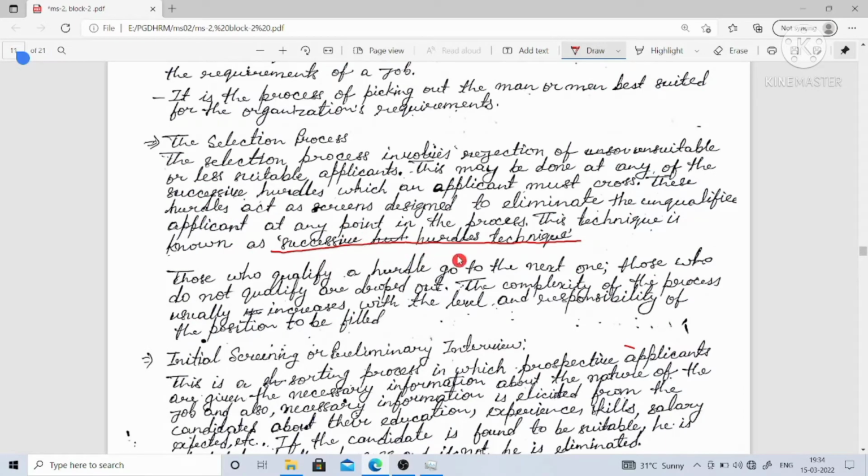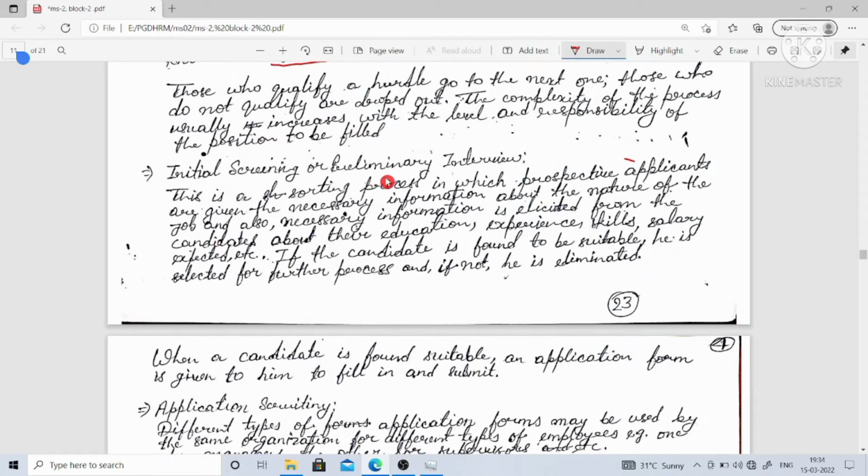This is a sorting process in which prospective applicants are given the necessary information about the nature of the job, and necessary information is elicited from the candidates about their education, experience, skills, salary expected, etc. If the candidate is found to be suitable, he is selected for the further process, and if not, he is eliminated.